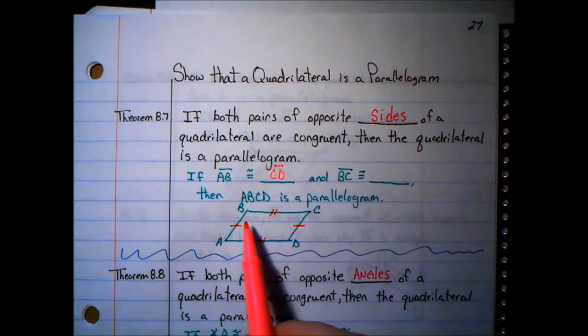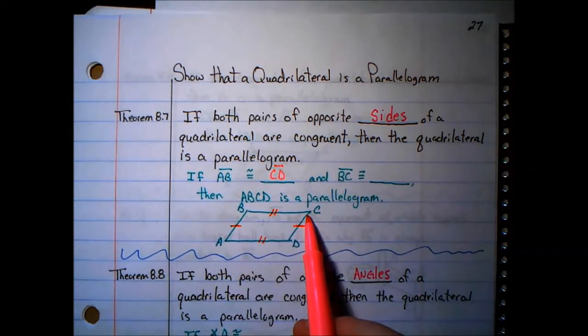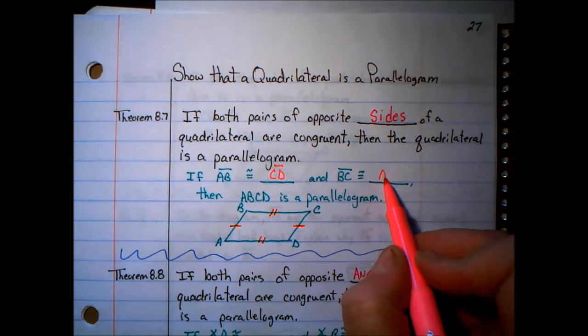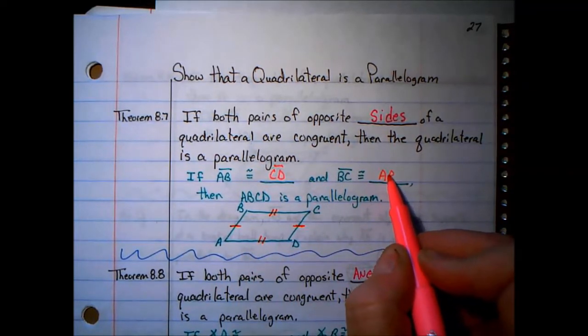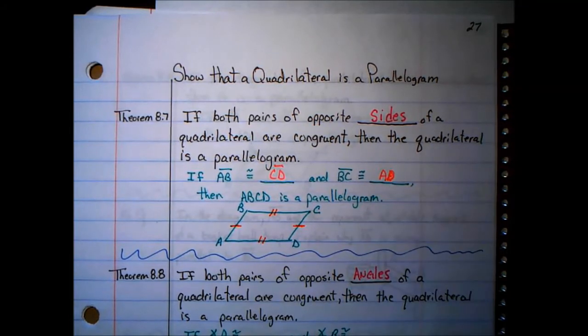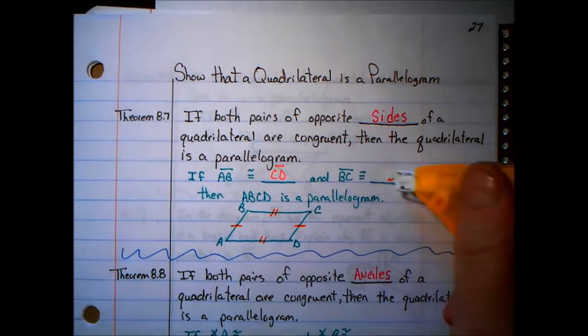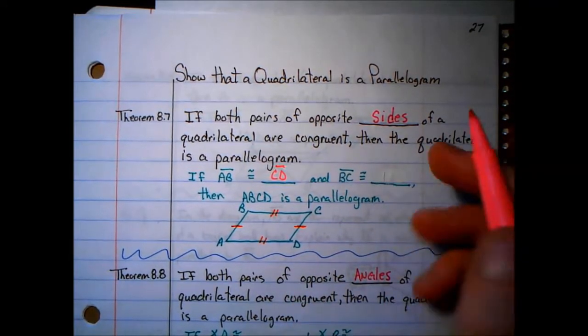And if BC, which is the top of the quadrilateral, is congruent to the bottom, which is AD, if opposite sides are congruent, then it's saying that it is going to be a parallelogram.